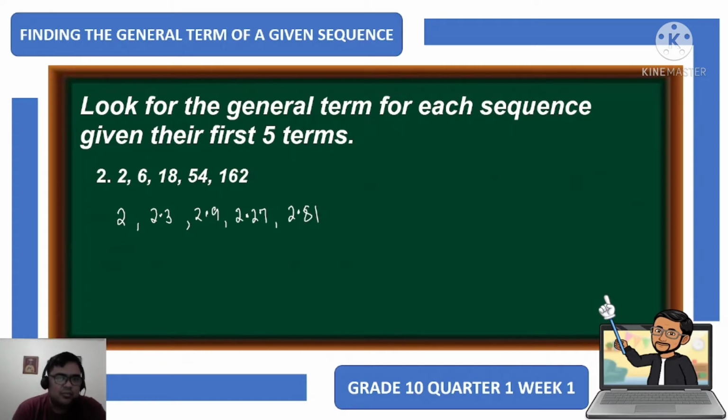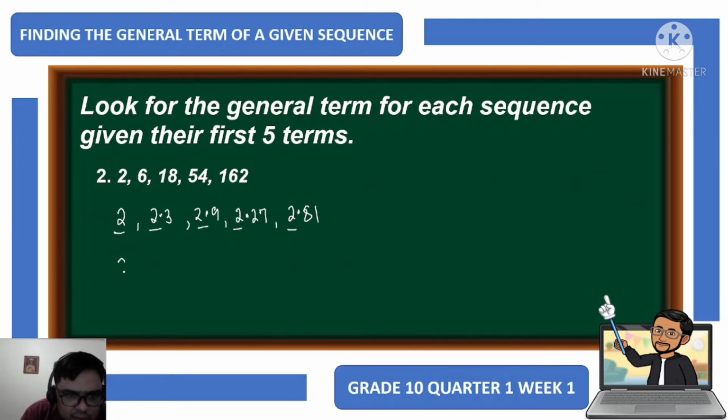And look at now, each of the term. Lahat sila may 2. So, yan yung pattern natin. Then, etong natira, we have 3, we have 9, we have 27, and we have 81. So, para siyang power of 3. So, I can also express 3, 9, 27, 81 as power of 3. Paano?